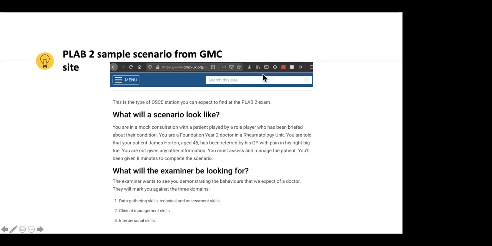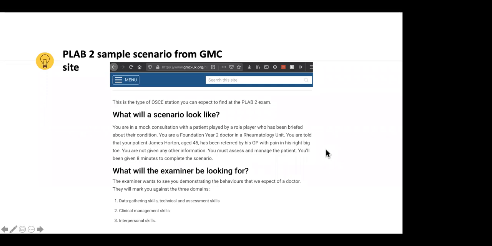So from the GMC site, I also found this scenario, which is an example for PLAB 2. The scenario is you are in a mock consultation with a patient played by a role player who has been briefed about their condition.